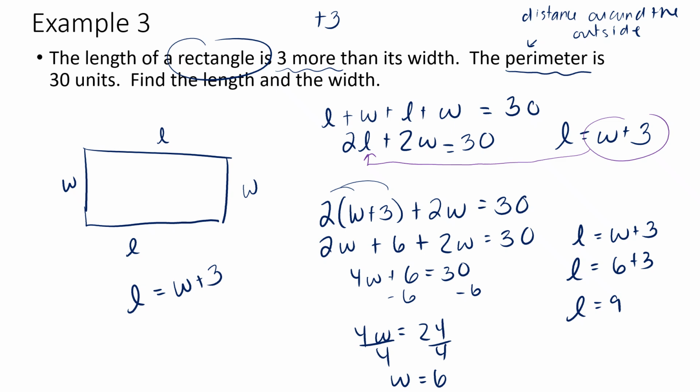And there you have it. Okay, so we have the length and the width, and this one you probably would not write as an ordered pair because we have absolutely no way of knowing what's your X and what's your Y. You might sometimes see that, but usually with a problem like this, you would just say width is 6 and length is 9.